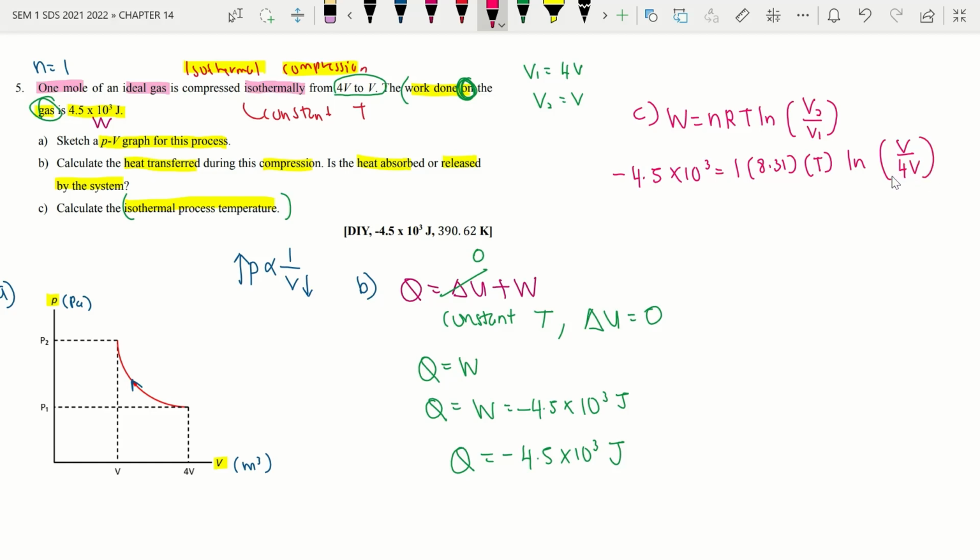When it is compressed, the volume is decreasing. So rearrange this equation and press your calculator. You will get your temperature, 390.62 Kelvin.